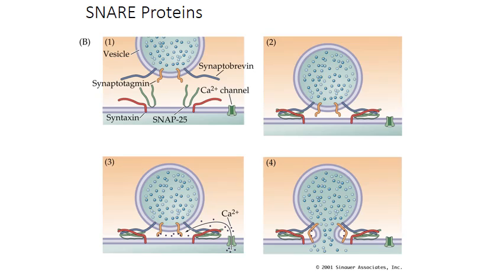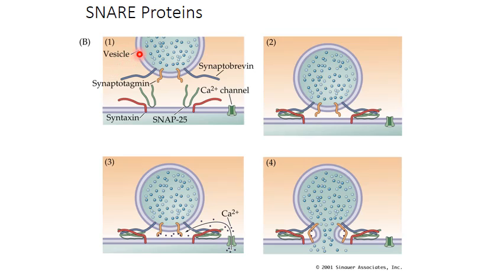The principal proteins involved in synaptic vesicle release are called SNAREs. And SNARE is a historical name. We're not going to go into where the abbreviation comes from. But let's talk about the principal ones.